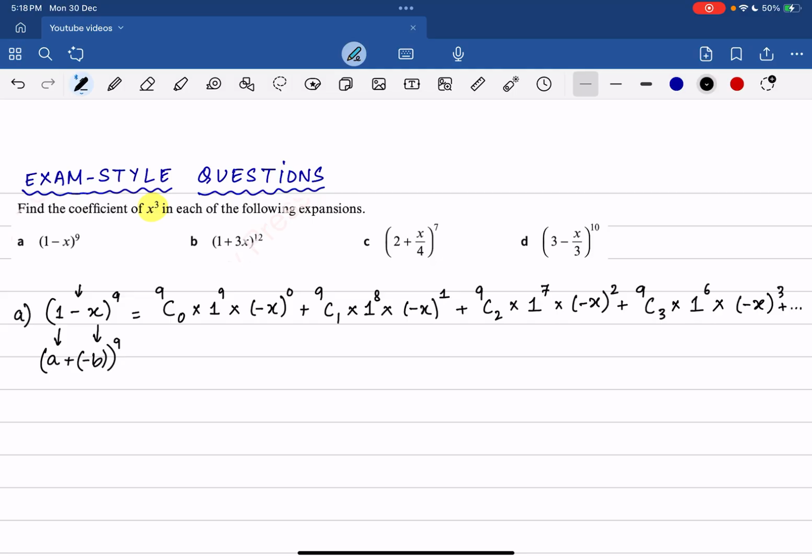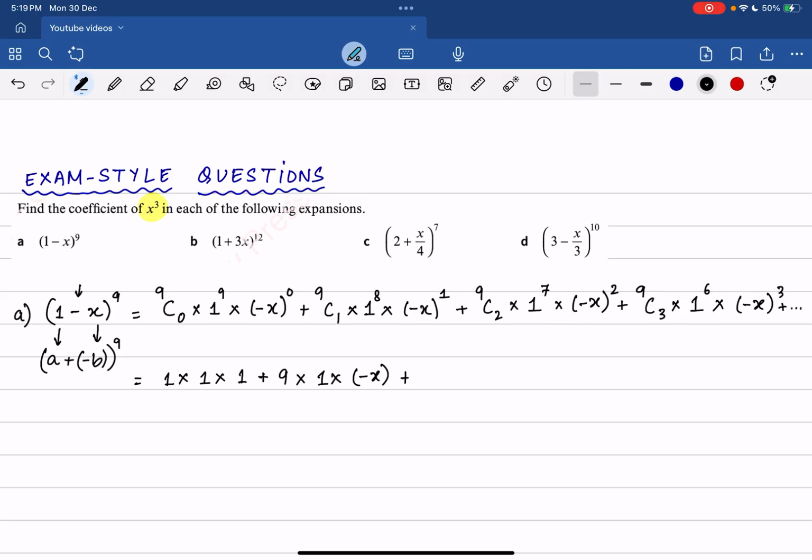Okay, perfect. So 9c0 is going to be 1, times 1 raised to 9 is 1, and anything raised to 0 is also 1, so minus x the whole raised to 0 is also 1. Moving on, 9c1 is going to be 9 times 1 times negative x. Now please be aware, this negative sign, when multiplied over here, makes the whole term negative. What is 9c2 going to be? Let me do it with the calculator.